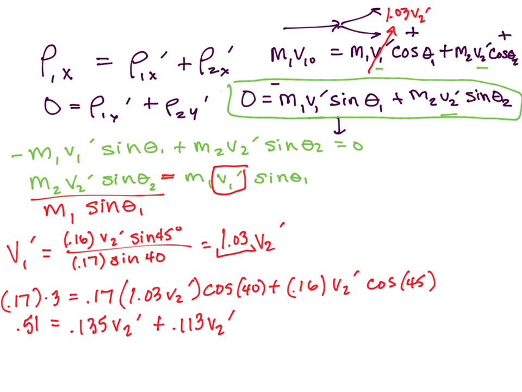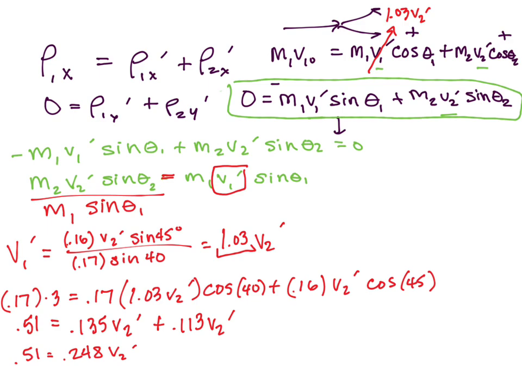Okay, now look, we can combine these. These are like terms. So we got 0.135 plus 0.113 V2. So 0.51 equals 0.248 V2 final.